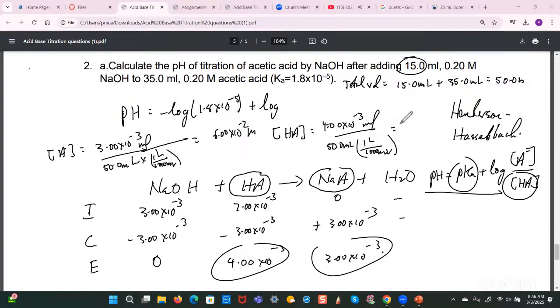And that would be equal to, okay, according to my calculation, this works out to be 8.00 times 10 to the minus 2 M, right? So these are the molarities. Let me do some more erasing here. I'm just going to erase this part right here.